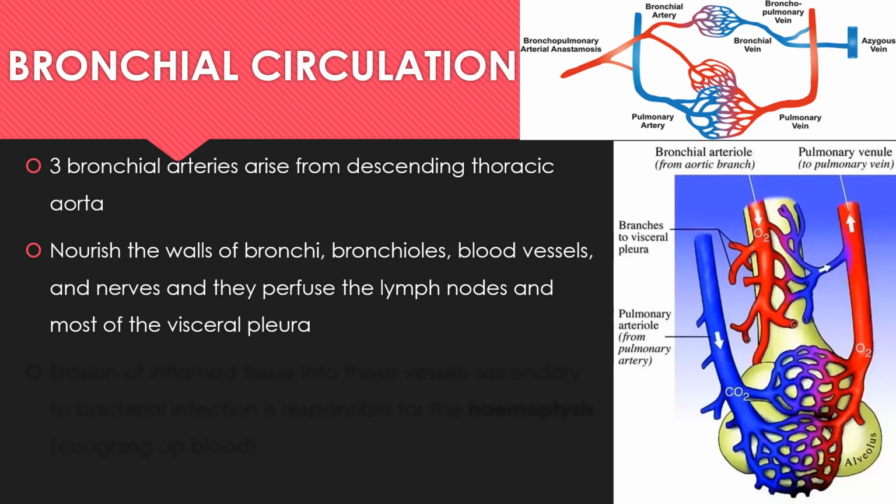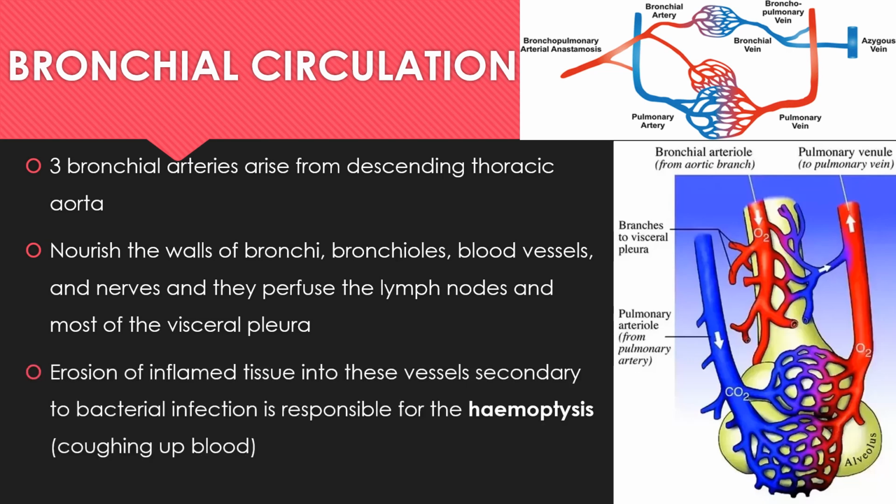This oxygenated blood from the descending aorta supplies the bronchi, bronchioles, blood vessels, and nerves, and perfuses the lymph nodes around them, and also most of the visceral pleura.